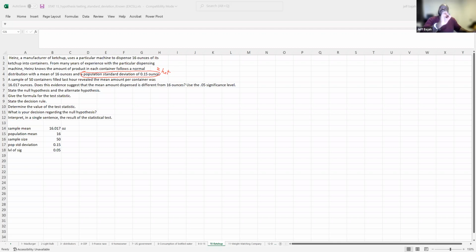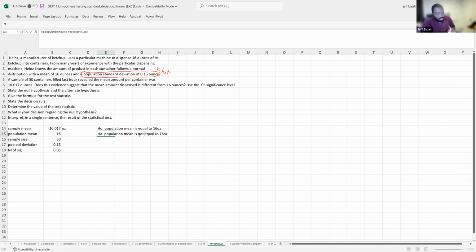So step one, we're going to find out what our H sub 0 is and what our H sub A is. Since it just says different from, H sub 0 would be what? The population mean is equal to 16 ounce. And then H sub A is not equal to.